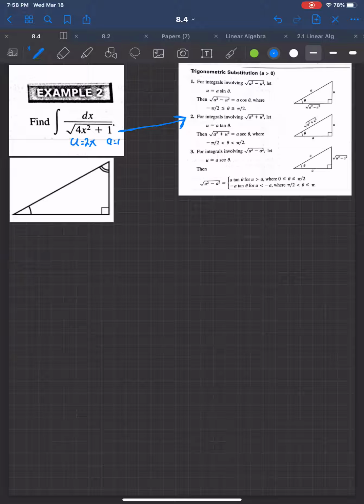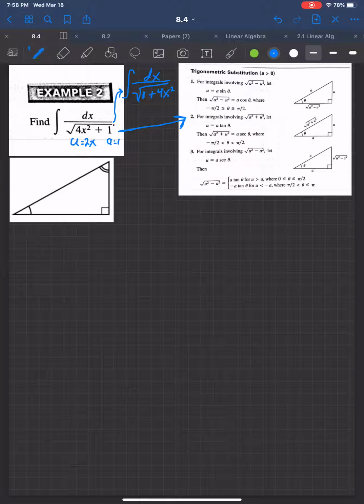Now the only difference is we have the 1 where the a should be, and I should say the a squared is where the u squared is, and the u squared is where the a squared is. If that annoys you, that's not a problem, really. We can always rearrange this to 1 plus 4x squared.